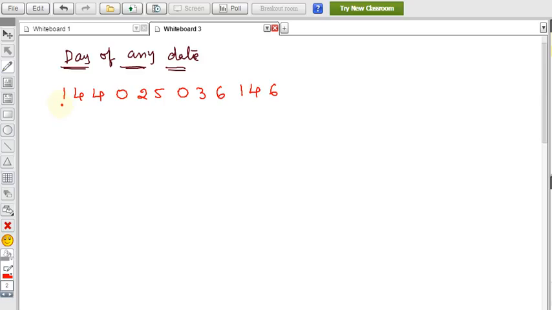Each digit is for one month: first is January, February, March, April, May, June and July, August, September, October, November, December. So these are the month codes, each one. Now this is the month code.